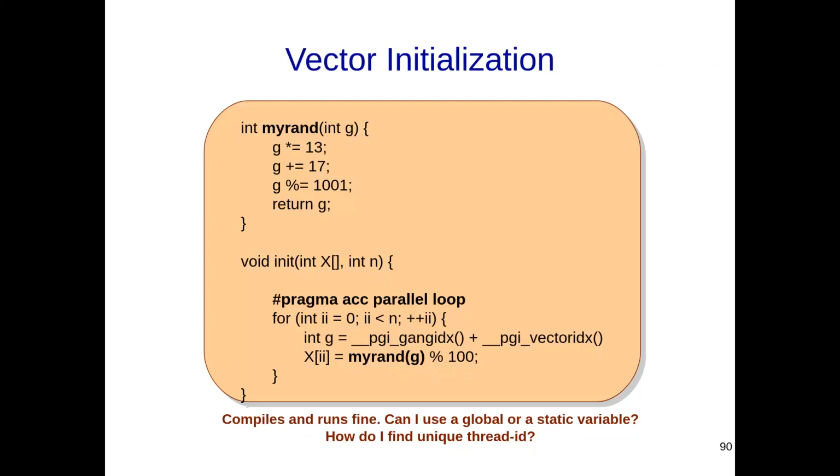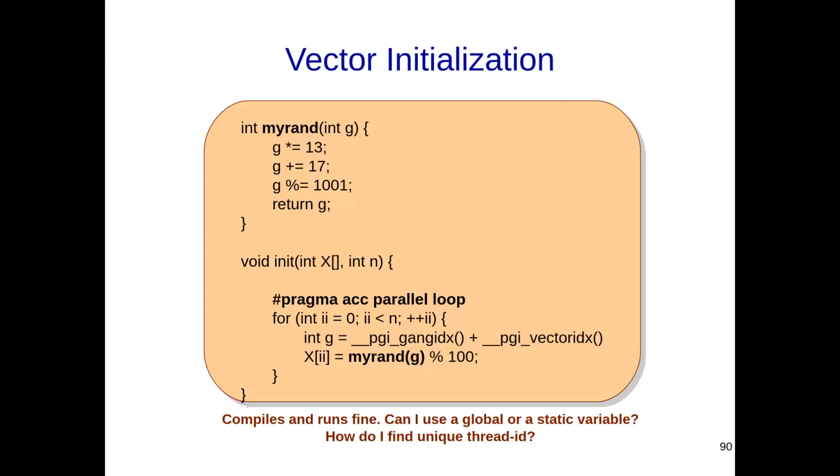Yeah, I think we can put it in a class and have a global variable there, I mean a static variable. I don't know if it will be allowed. Even if it is a static variable inside a class, that class variable should be available on the GPU.